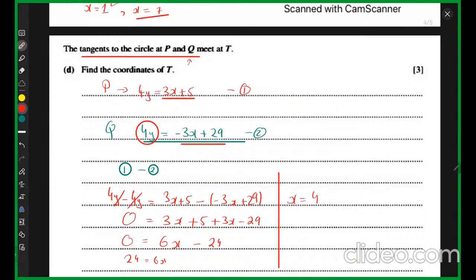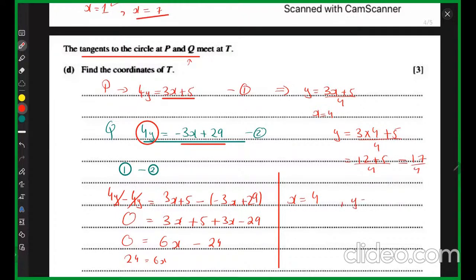Now x is 4, I can use equation 1 to find out y. Equation 1 implies y is equal to 3x plus 5 divided by 4. So I'll just plug in x equals 4 in this equation, and this would give me y equals 3 multiplied by 4 plus 5 divided by 4, and it's 12 plus 5 divided by 4, and this would give you 17 by 4.